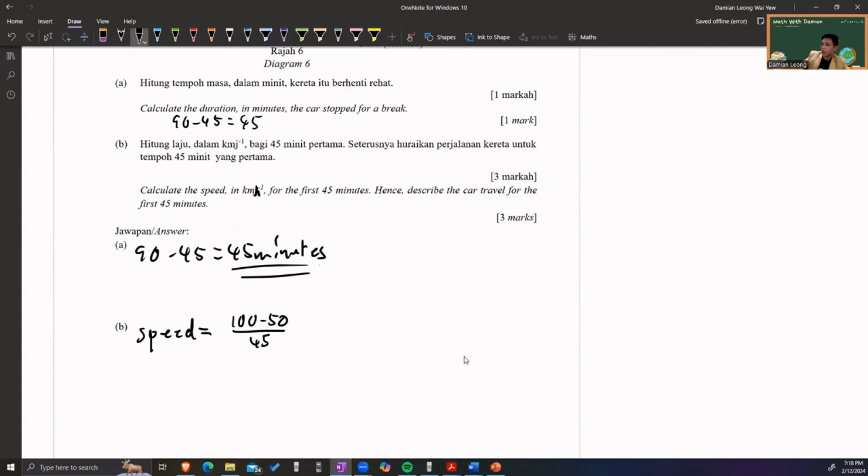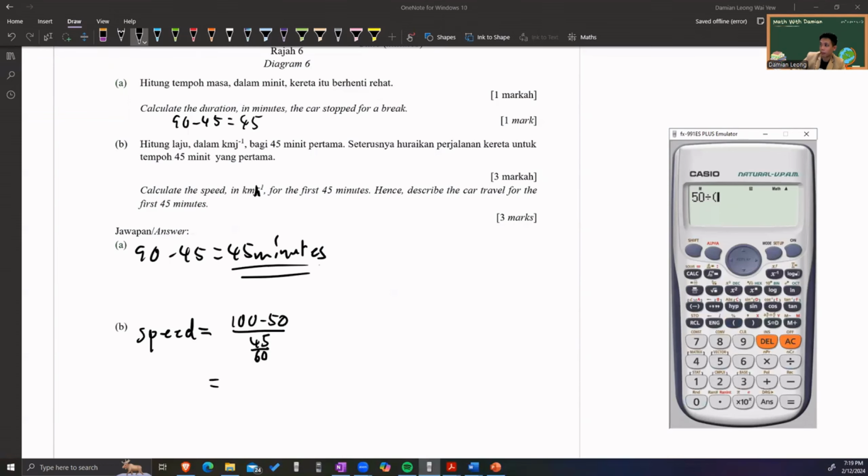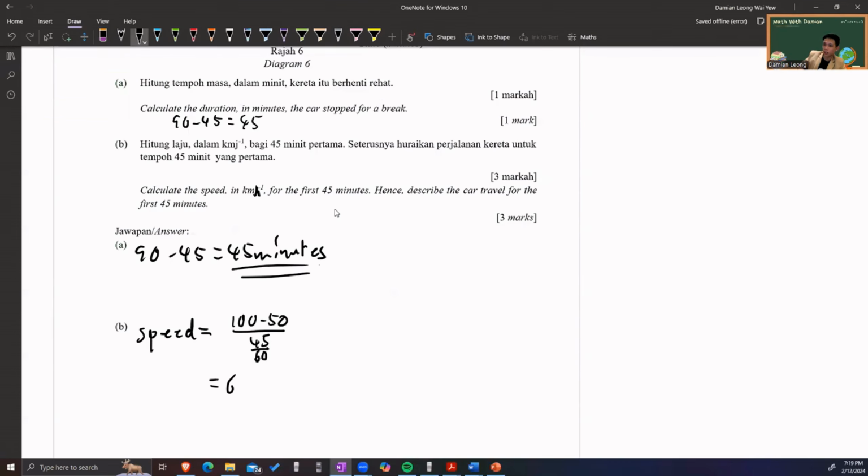But I cannot put minutes because it's per hour. I have to change to hours by dividing by 60. So 50 divided by bracket 45 over 60, which is 66.67 km per hour.